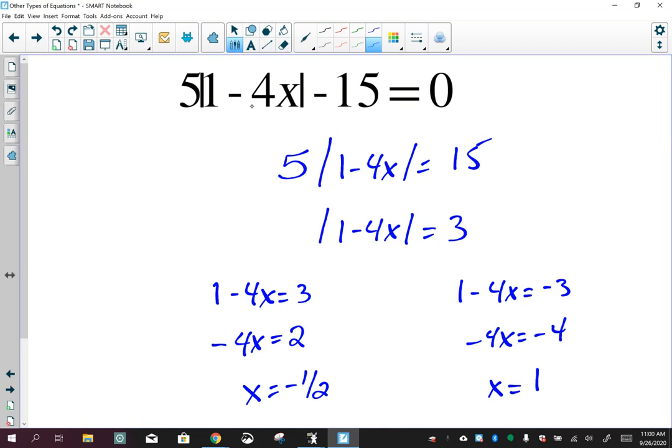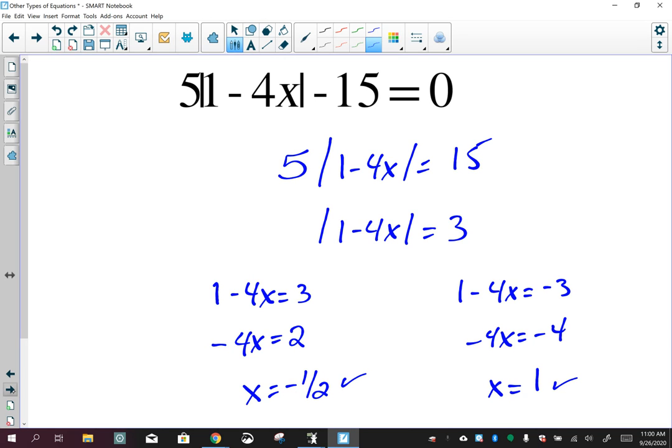That winds up with a positive 2, so 1 plus 2 is 3. 3 times 5 is 15. 15 minus 15 is 0. That works. Same thing with the 1. 1 minus 4 times 1 is -3. Absolute value of -3 is +3. 3 times 5 is 15. 15 minus 15 is 0. That one works. Okay, and you're done.